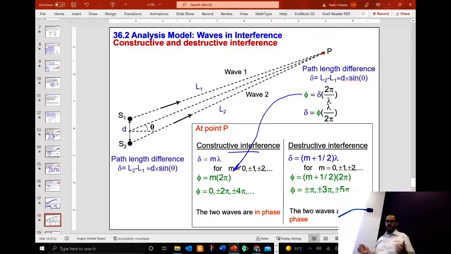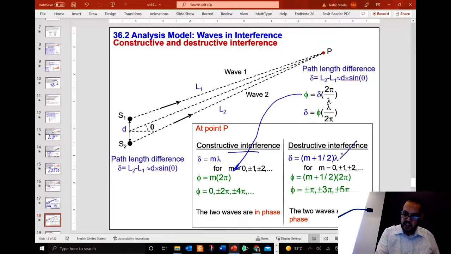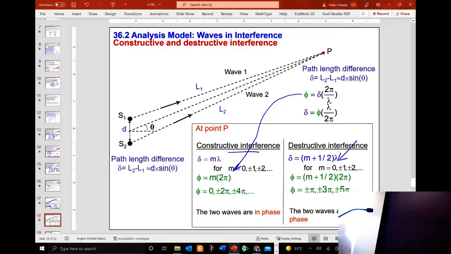Now, if we take the condition for destructive interference, which we said delta is (m plus 1/2) lambda, with m equal to 0, plus or minus 1, we can use this equation and we get the phase difference is (m plus 1/2) times 2 pi. Meaning, for m equal to 0, 1/2 times 2 pi is pi. So it's plus or minus pi.